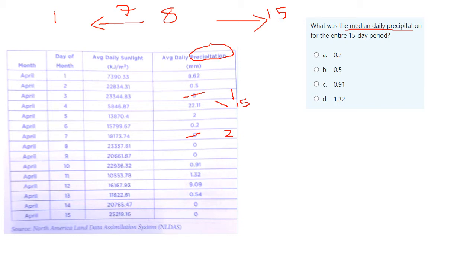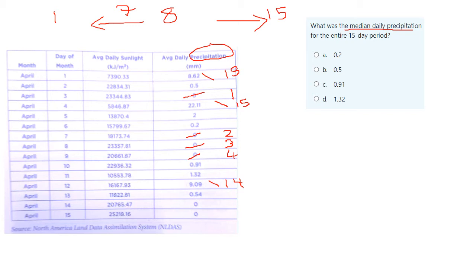The next highest would be 9.09, so that would be number 14. The next lowest would still be 0, so that's number 3. The next highest is 8.62, so that is number 13. The next lowest is still 0, so that is number 4.